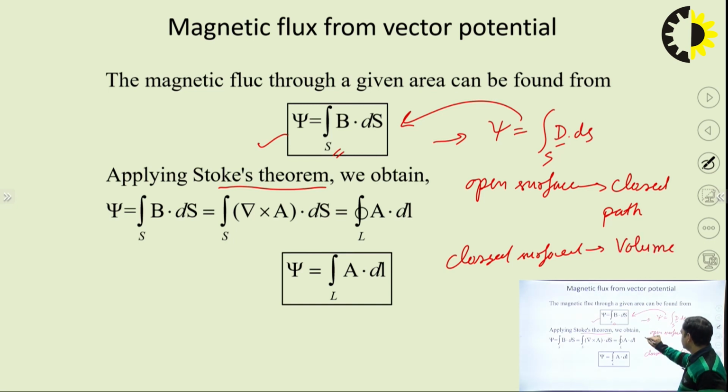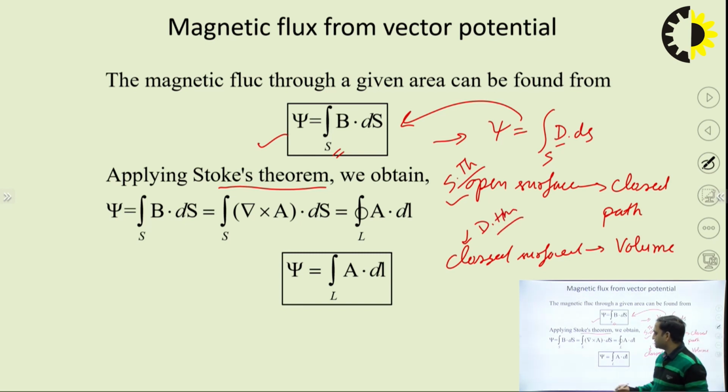So for this case we apply the Stokes theorem, and here we apply the divergence theorem. Here we have the open surface, so we can apply the Stokes theorem to it.